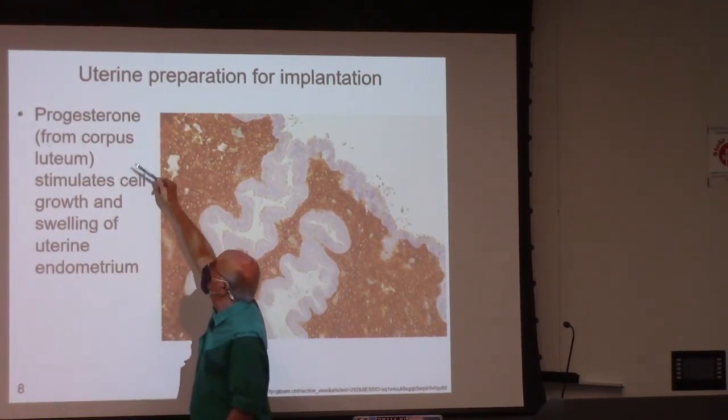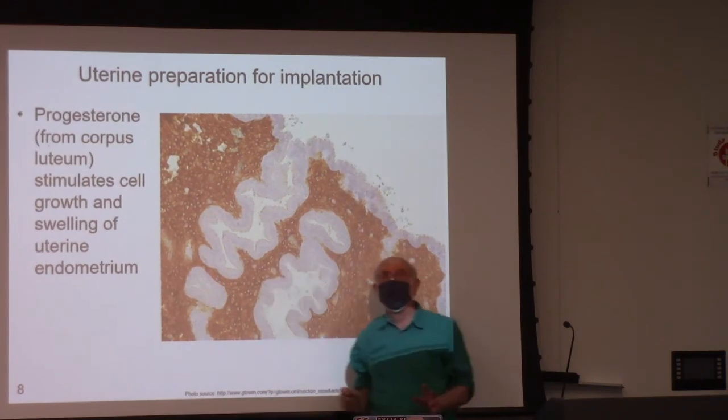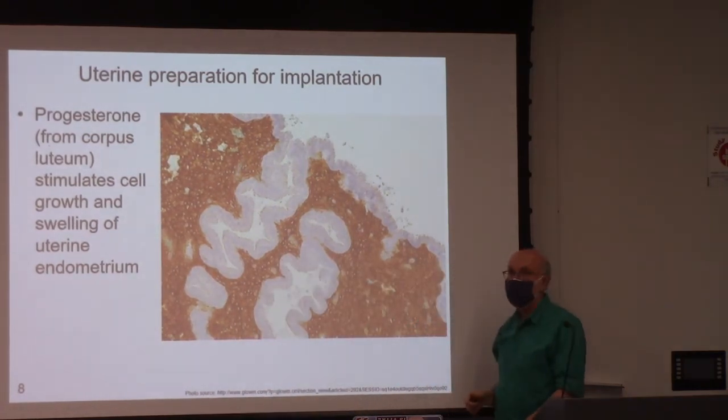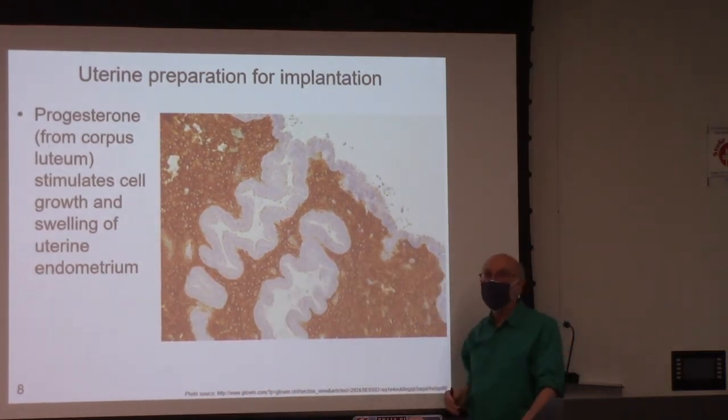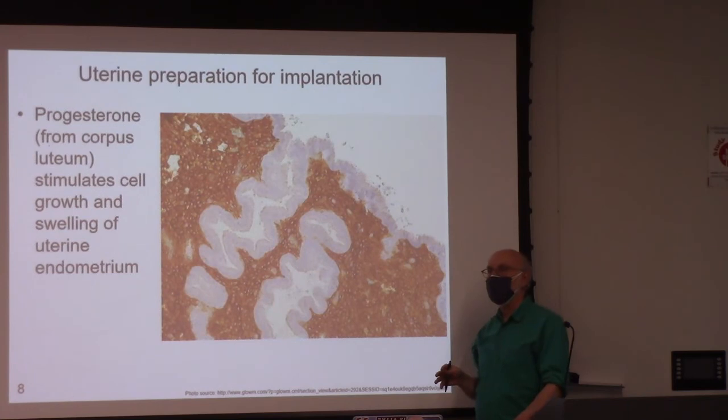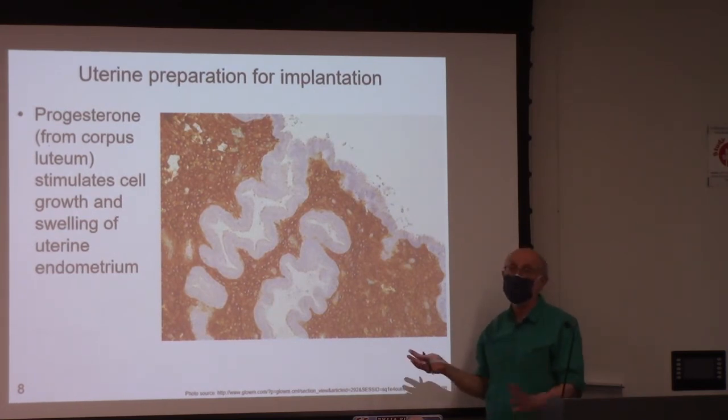The corpus luteum secretes progesterone, which maintains the uterine endometrium and permits further development. So it's a little bit of a positive feedback cycle: HCG, corpus luteum, progesterone, sustaining the uterine endometrium, which now can secrete more HCG.